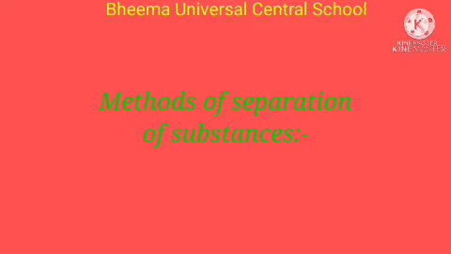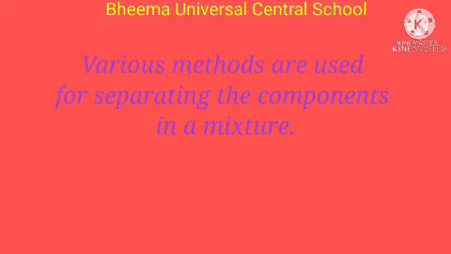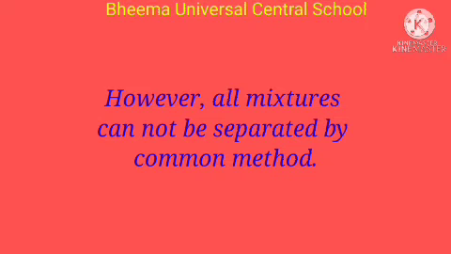Methods of separation of substances. The components present in a mixture can be separated on the basis of the unique properties of each component. Various methods are used for separating the components in a mixture.